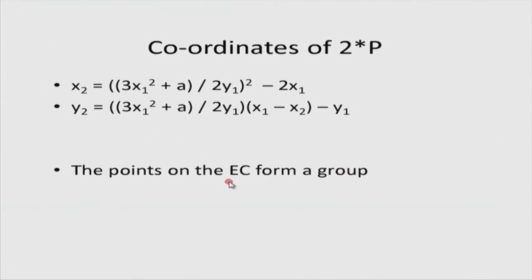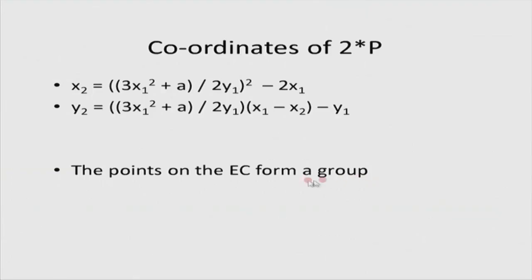So when we say the elliptic curve points form a group, then we of course ask ourselves what is the operator, and the operator is the plus, that is the addition of 2 points in the group. So when I make a statement that the elliptic curve points form a group, then the question is, what is the set? The set is the points on the EC which satisfy those equations that I mentioned before.